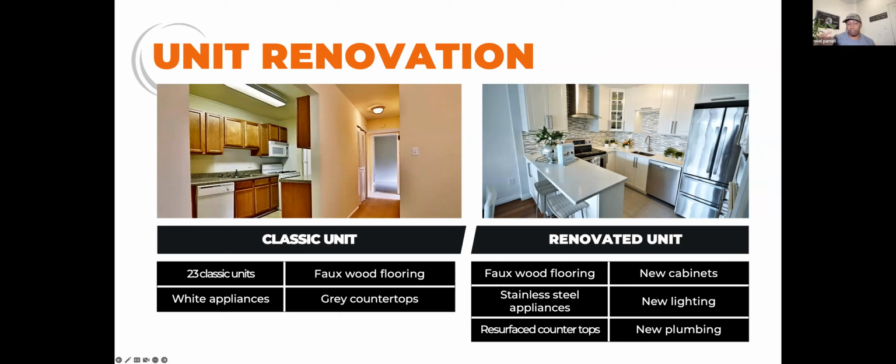So let's just do another hypothetical. Let's say $25, and let's say 50 of our tenants wanted valet trash pickup.